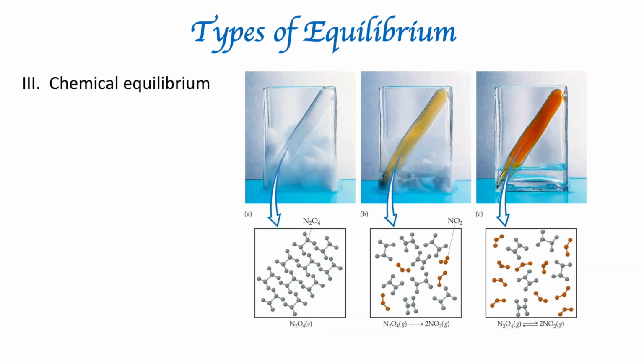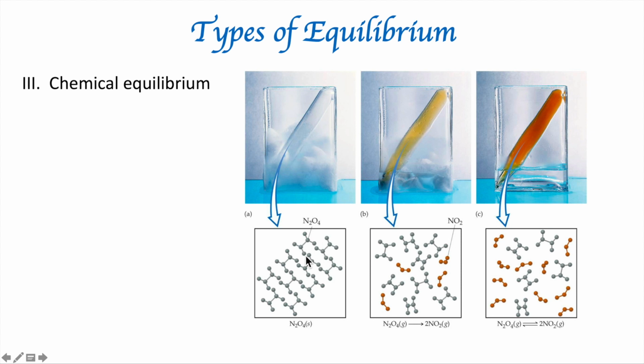So in a chemical equilibrium, one thing to notice here is a compound of N2O4. This is like a container of ice. When N2O4 is cold, you have your 2 nitrogens and your 4 oxygens.